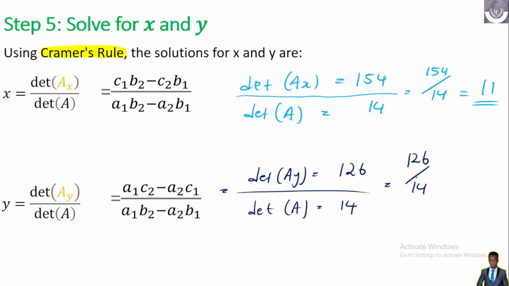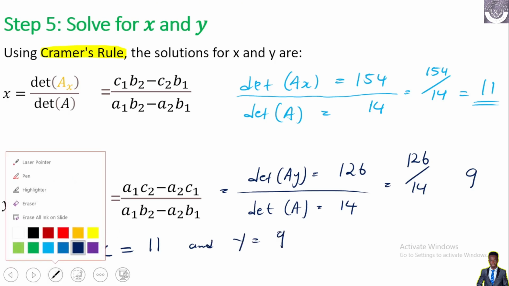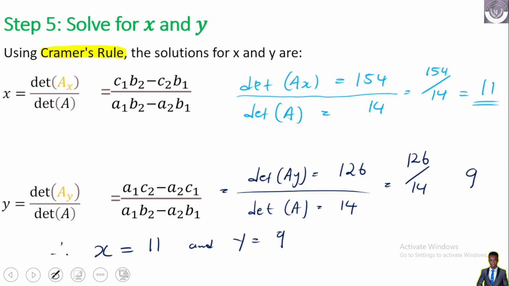What do we have? 126 divided by 14 is 9. So we have got, therefore, X is equal to 11 and Y is equal to 9. So let me place this again. So X is 11 and Y is 9.